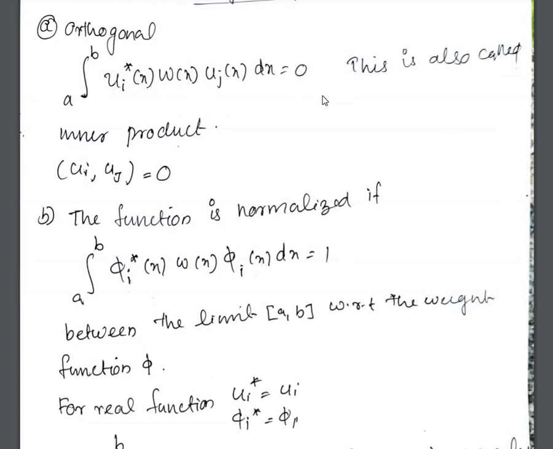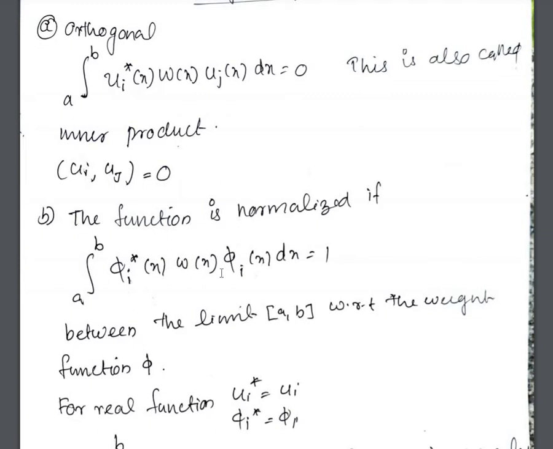Then we can say that a function is normalized when the integral from a to b of phi i star of x, w of x, phi i of x dx is equal to 1. In this case the function is normalized.